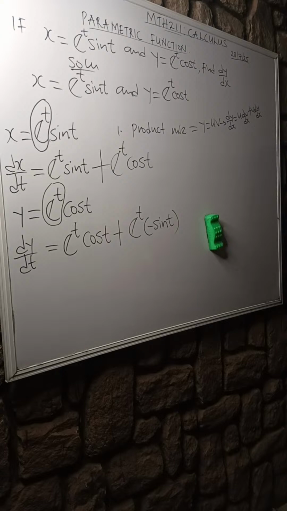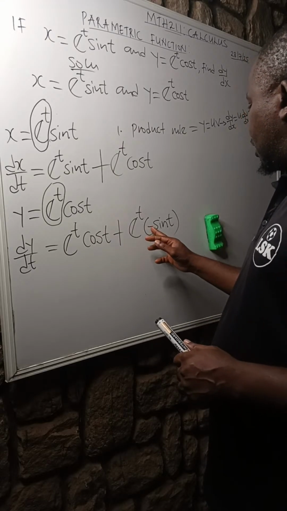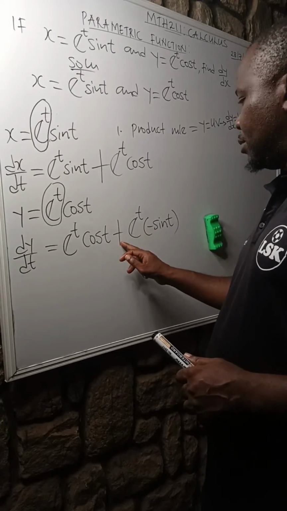So now what we need to do here is use this minus to multiply this plus.